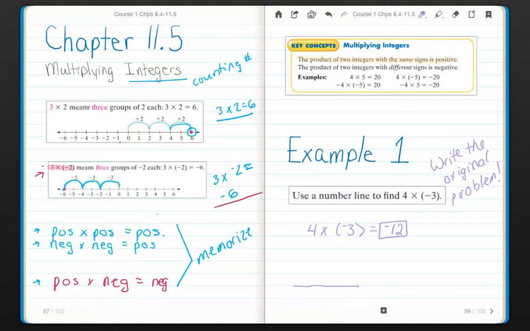If I did use a number line for that, it would look something like this. Okay, so I'm going to count by 3s on my number line.